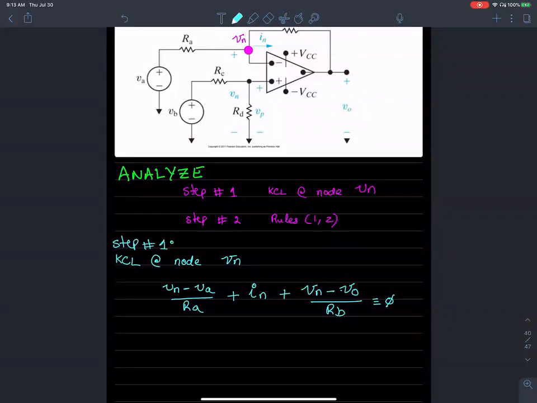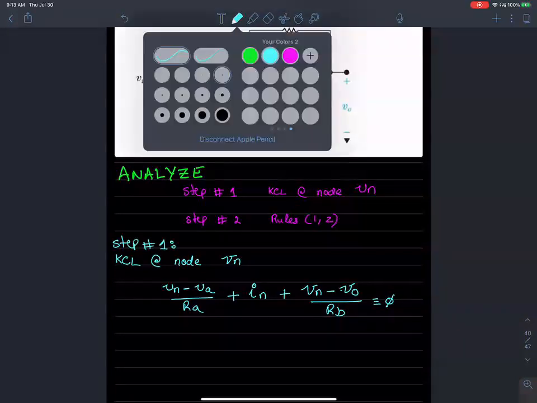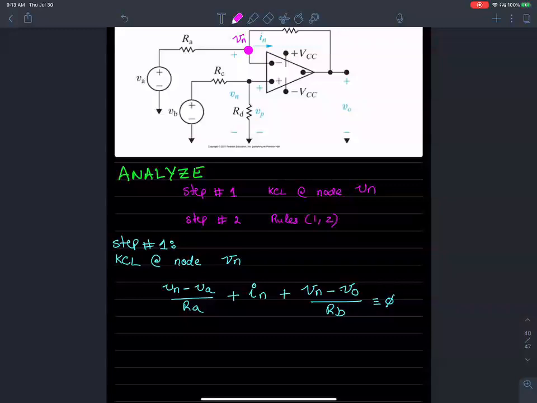Yes, and then I know that Vn equals Vp, but I'm getting confused a little bit with how to analyze the positive terminal. Yes, it's simplified by observing that Vp is a voltage division of VB.